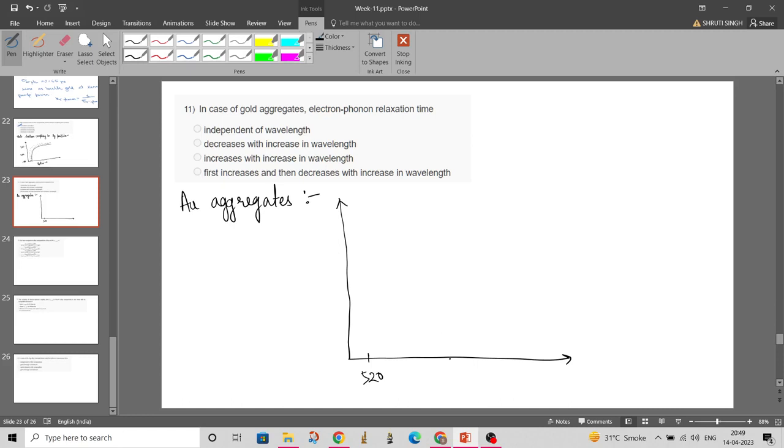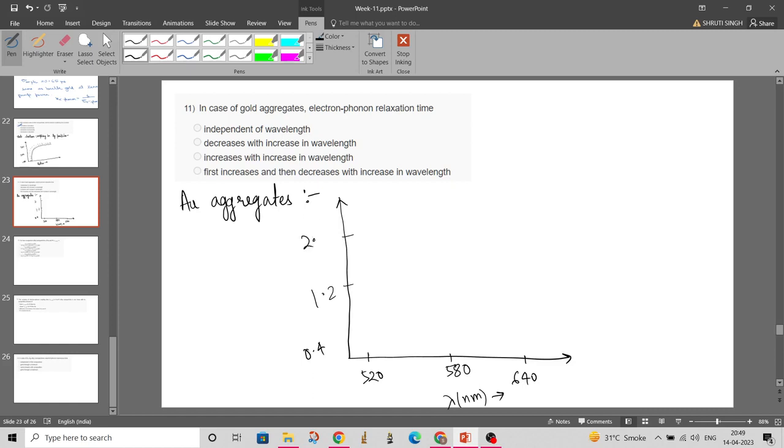This is 520, 580, 640 nanometer, and here is the relaxation time: 0.4, 1.2, 2.0. So the graph which comes is like this.